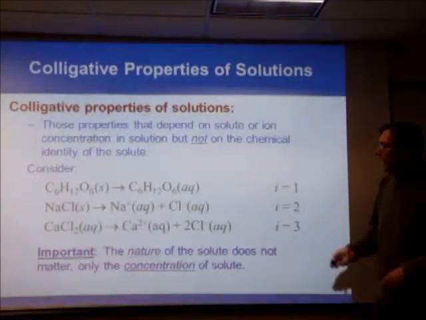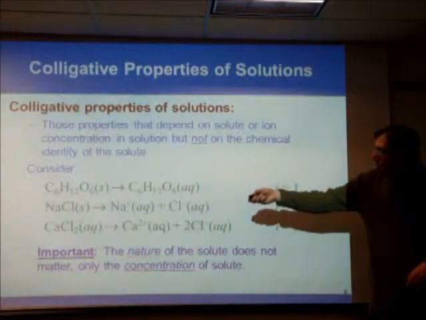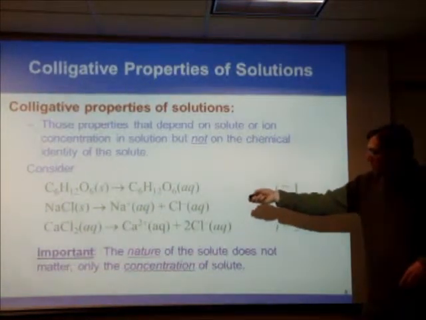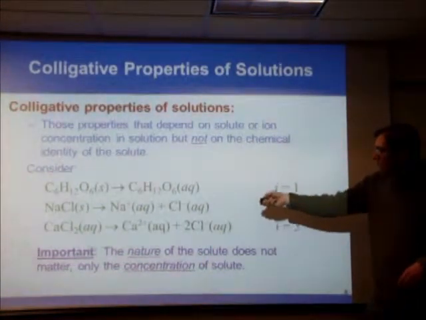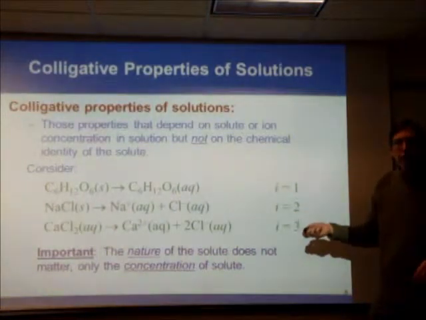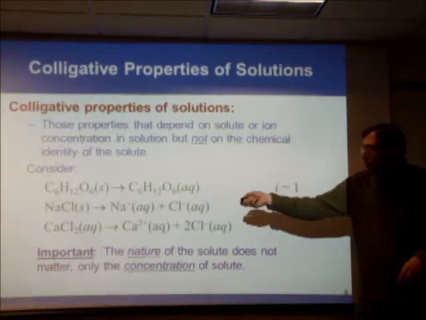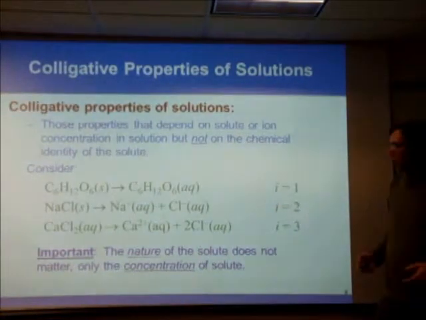So if I know that I have 0.1 molar sodium chloride, I have 0.1 molar sodium ions, and 0.1 molar chloride ions, or my total concentration of particles is 0.2. So that's where we're going with this.